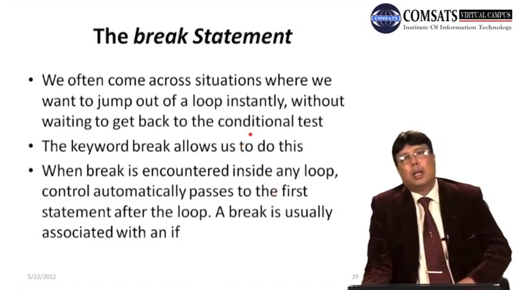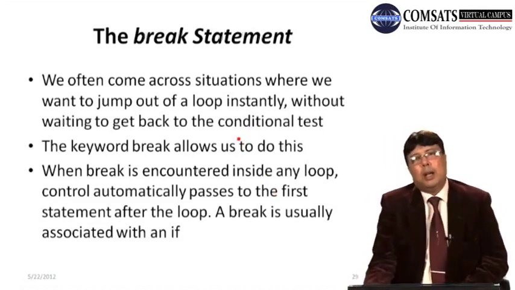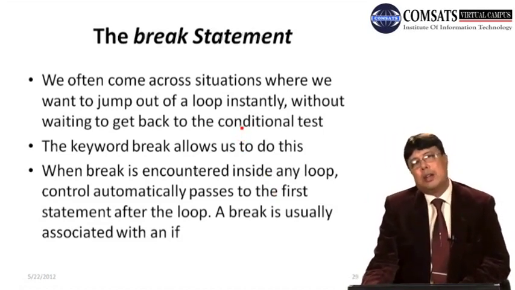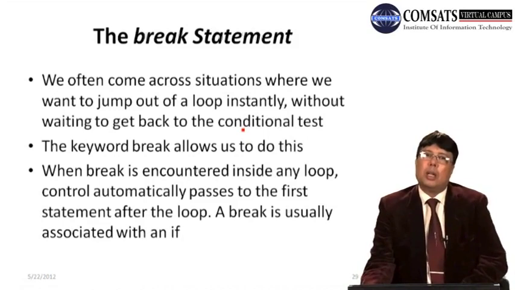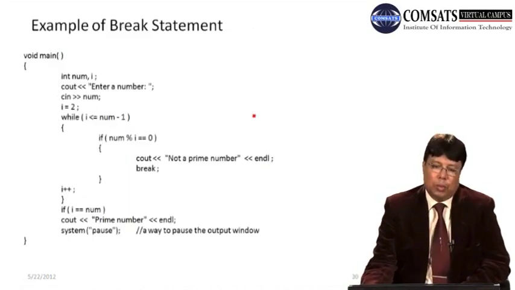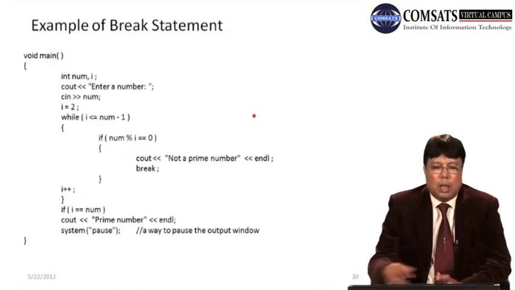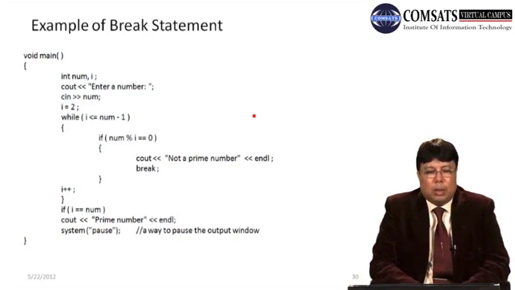Usually break is associated with an if statement where you test a certain condition. If a certain condition occurs, then you use a break statement to come out of the loop. So this is going to be an example.